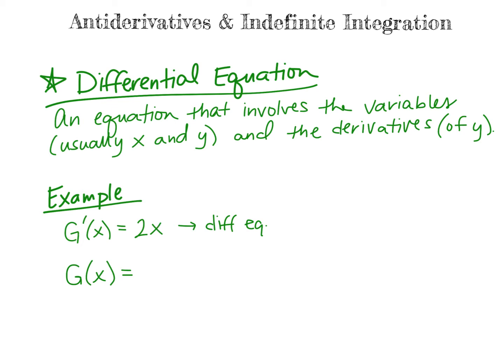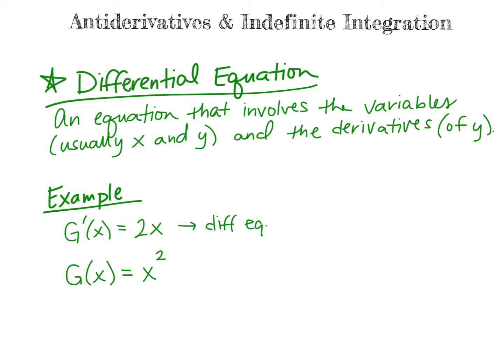Well, what did we take the derivative of to get 2x? We took the derivative of x squared, because when we take the derivative of x squared, we get 2x. Now, just like in our previous example, what if there was some constant after this that went away when we found the first derivative?